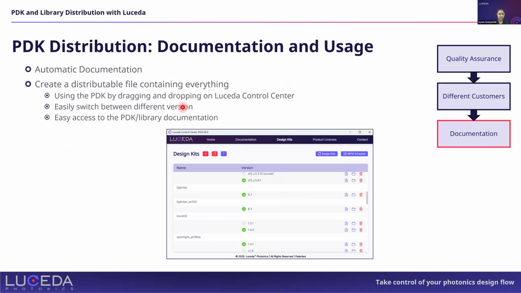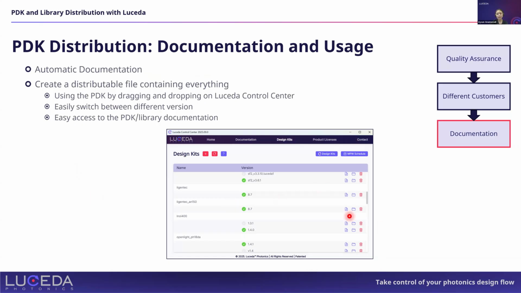And then once it's done, it's now time to distribute the PDK. We can distribute a file that contains everything, and you can generate it automatically. So when you distribute the PDK file to your customers, they can just drag and drop.